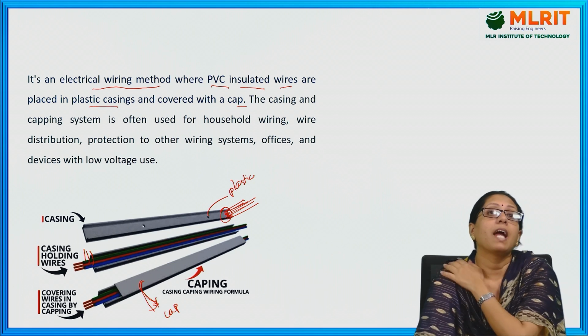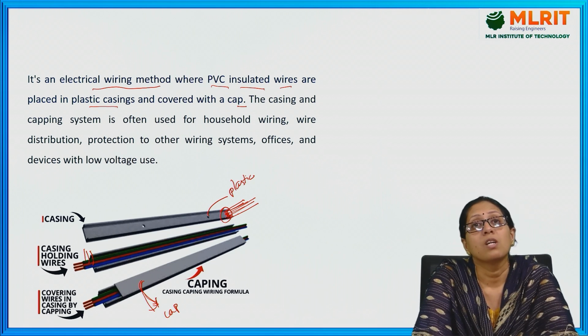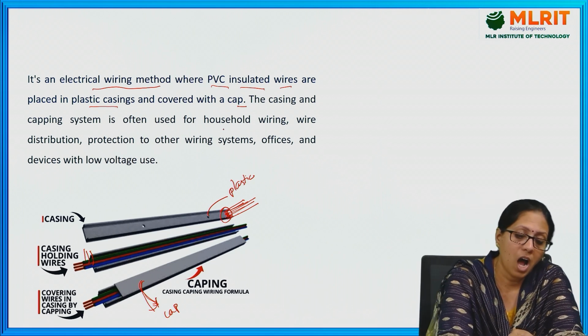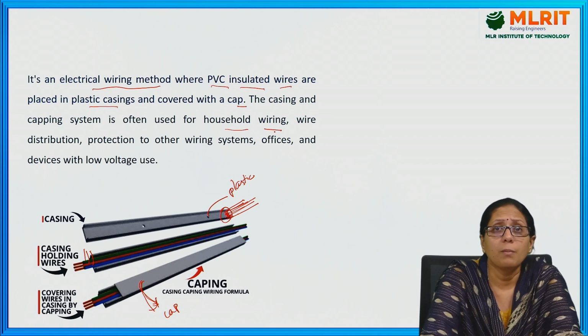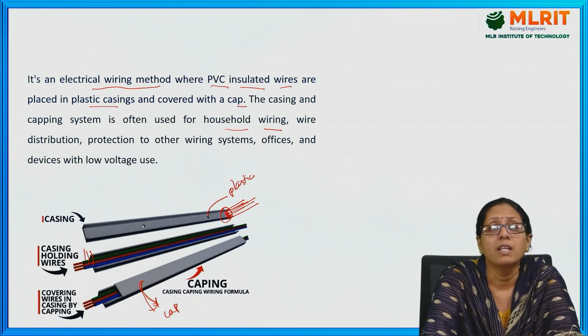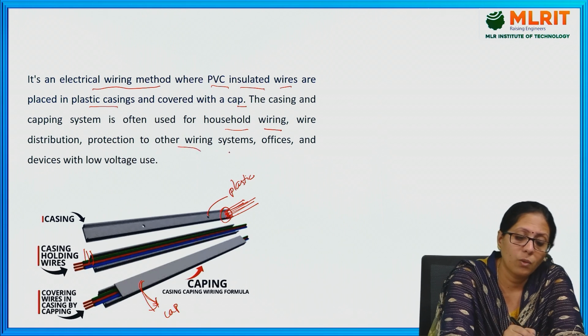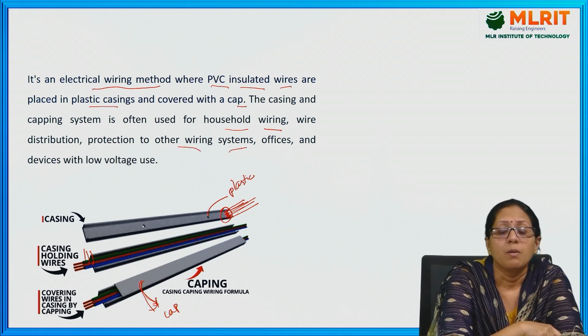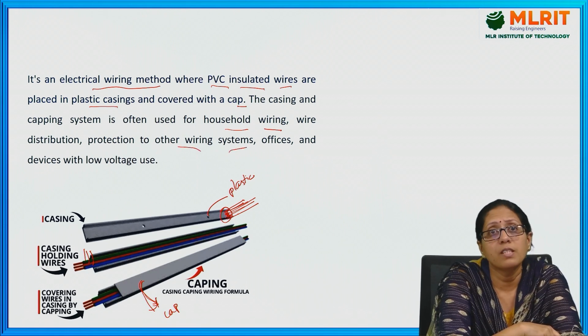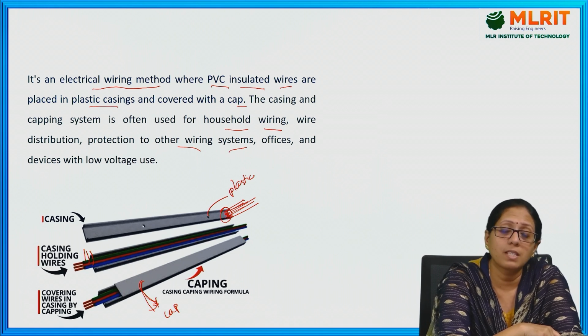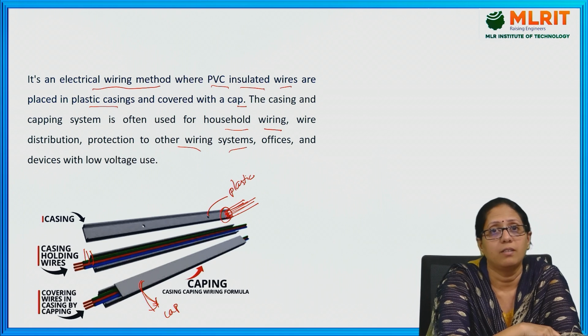The casing and capping system is mostly used for household wiring, wire distribution, and protection to the other wiring systems. Mostly used in offices and houses also. This is also very simple, very low cost and easy to maintain.